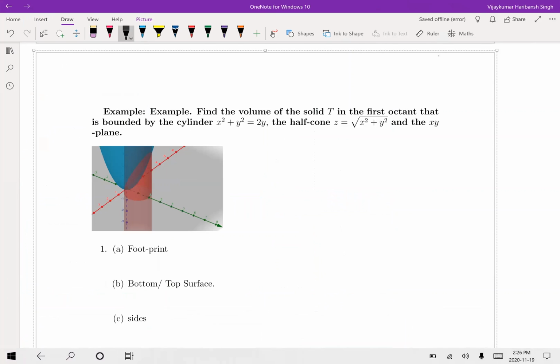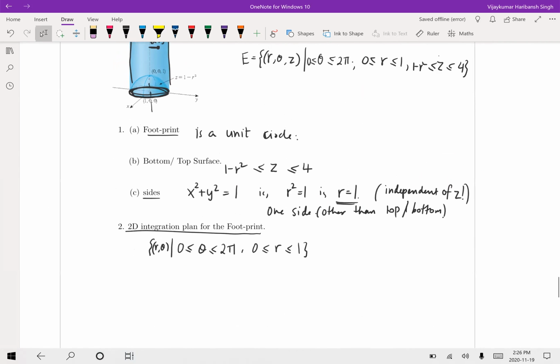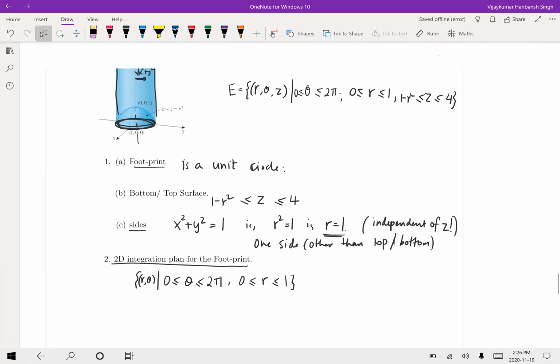Again, this is a z first region. However, we did not finish the previous problem, so let's first finish it.